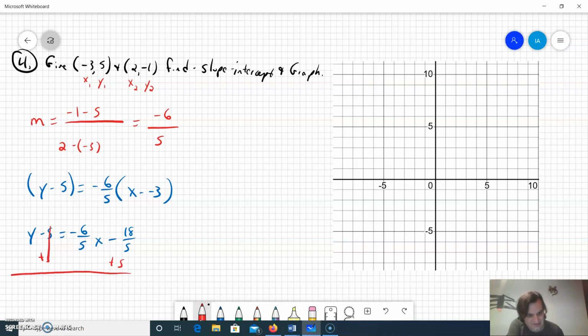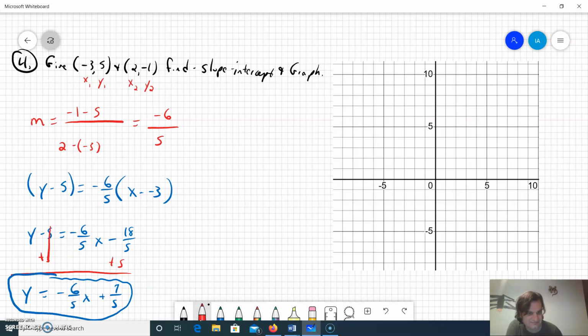If I add 5 to both sides, the slope-intercept equation I get is y equals negative 6/5 x plus 7/5. So that's the equation I'm looking for as far as slope-intercept.